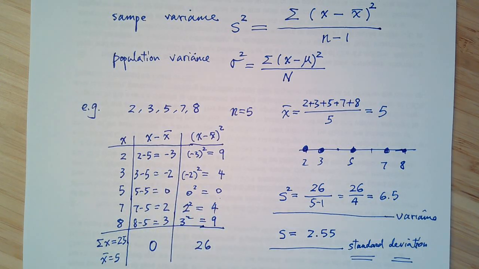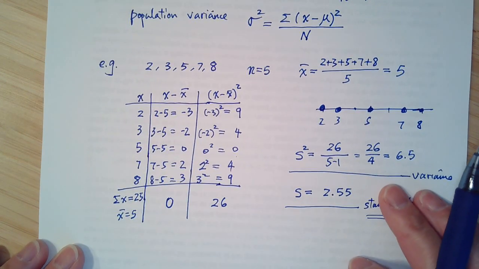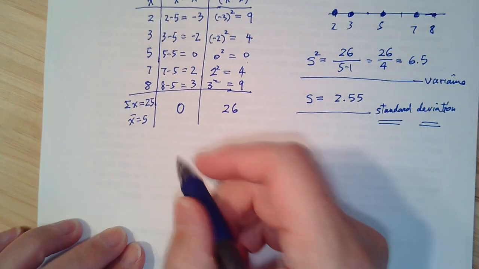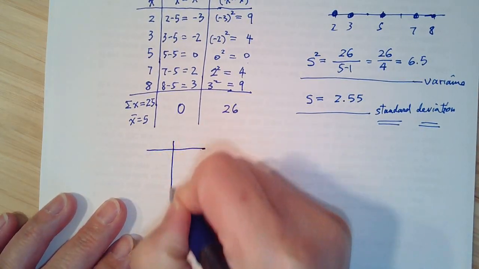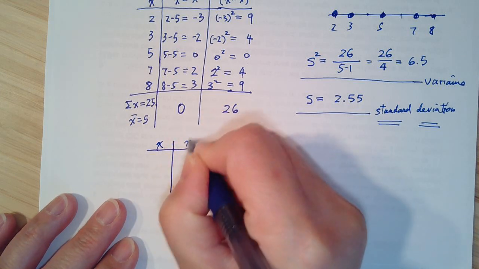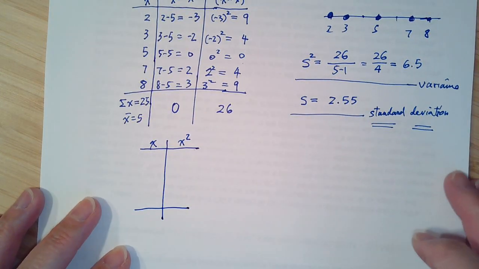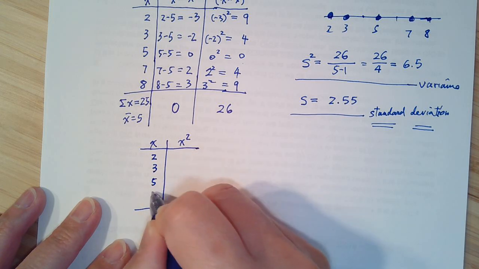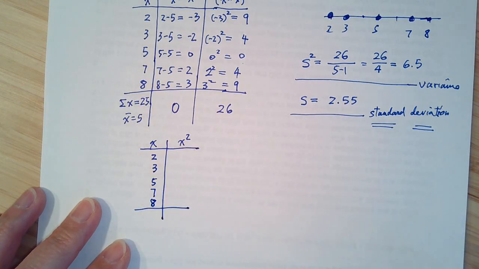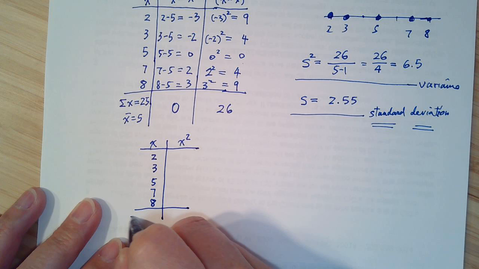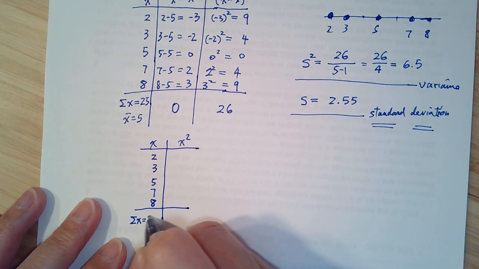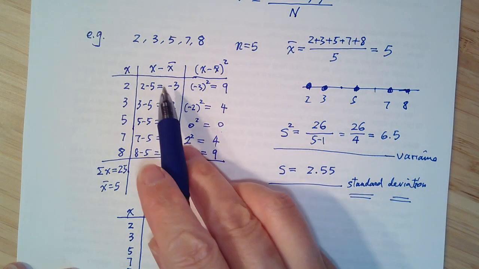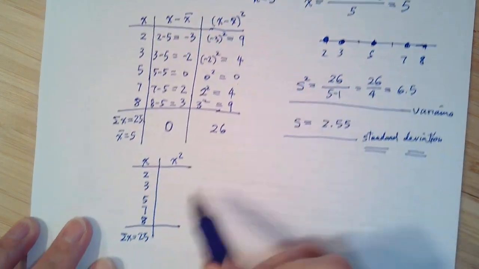Okay? And sometimes there is an easier way, some people call it a shortcut, which is if you have x and then you get x squared. So let's see the numbers. We have 2 and a 3 and a 5 and a 7 and an 8. All right, now the summation of x equals 25. Now for x squared, instead of finding the difference between this guy and the mean, we can just square the number directly.